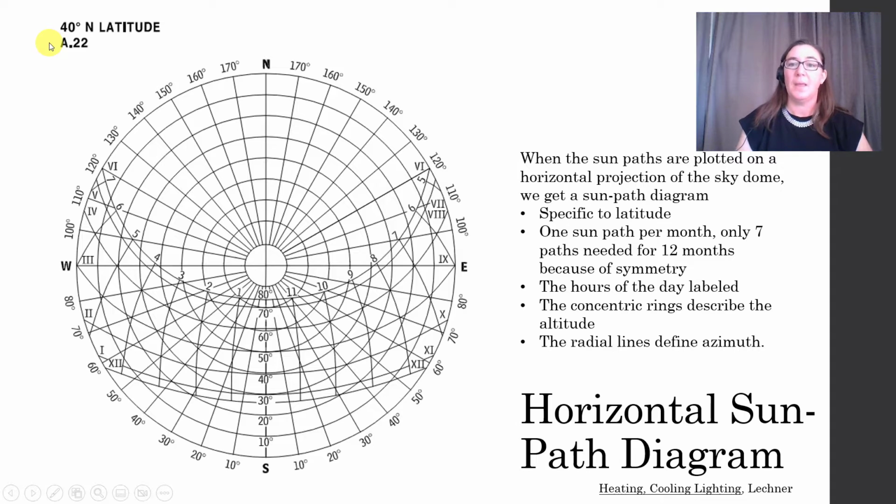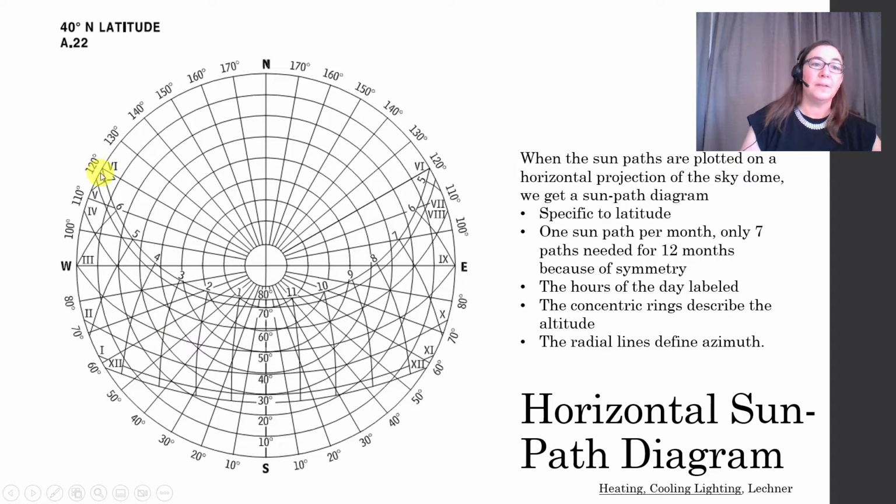And on this diagram, you're going to see the concentric rings, just like we saw in the last slide. Those describe the altitude or the horizontal angle of the sun. And then we see the radial lines, and they're going to define the azimuth or the elevation of the sun in the sky.